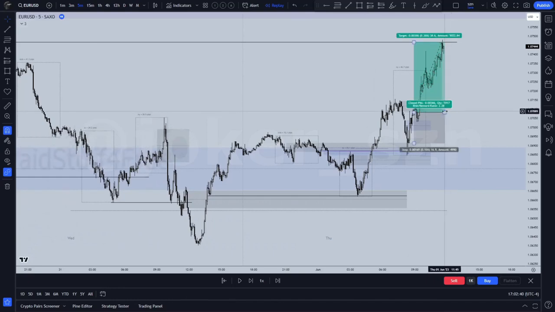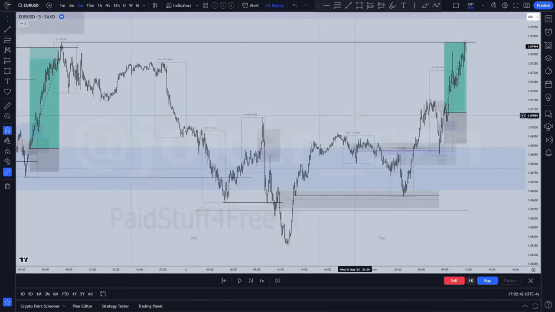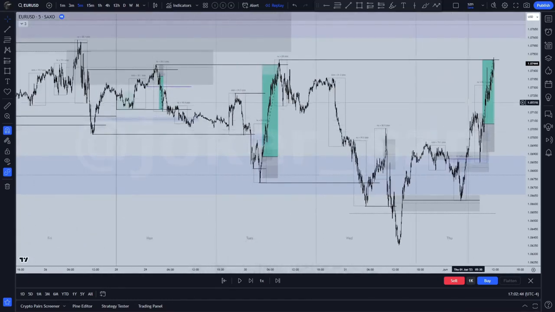So this would be the last trade of the week. We had 3 trades this week. We had 2.8 R here, we had around 4R here, and another 2.3R here. So we would have had 3 high probability trades.